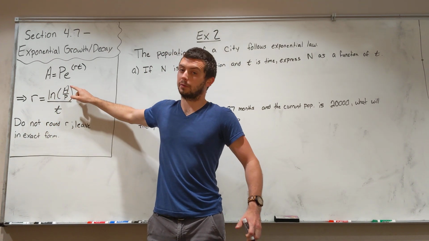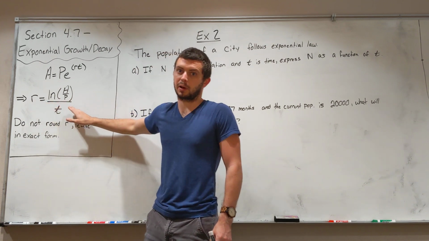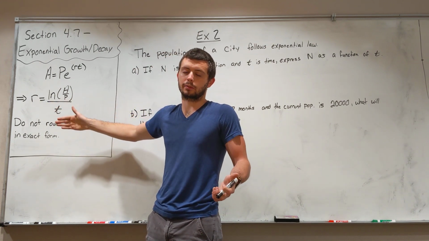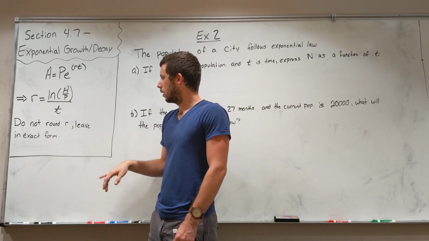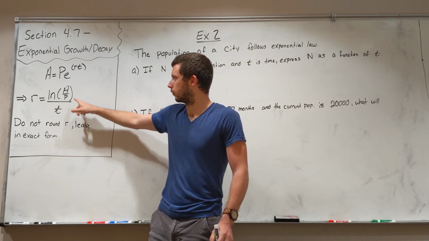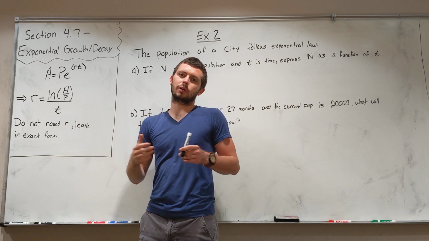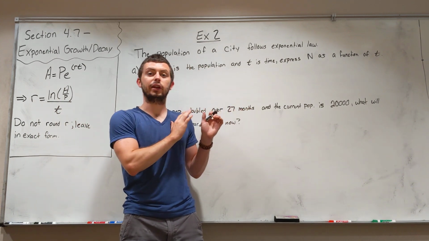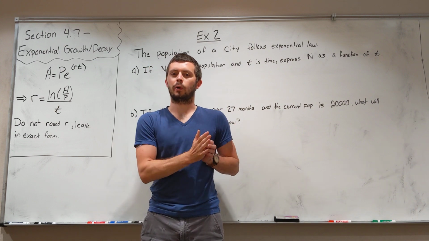It's natural log of the final amount divided by the initial amount, all of that divided by whatever the time is. And again, in this section, time does not have to be in years. And I also mentioned, do not round the rate, because you could throw all of that in your calculator and get a decimal. I wouldn't recommend, and even the answer choices say this as well, do not round until you get to the final part.